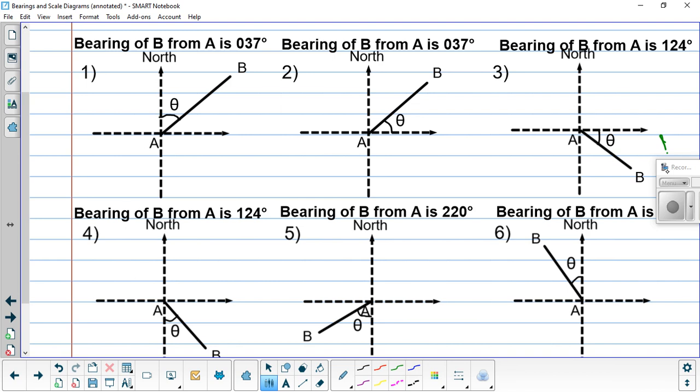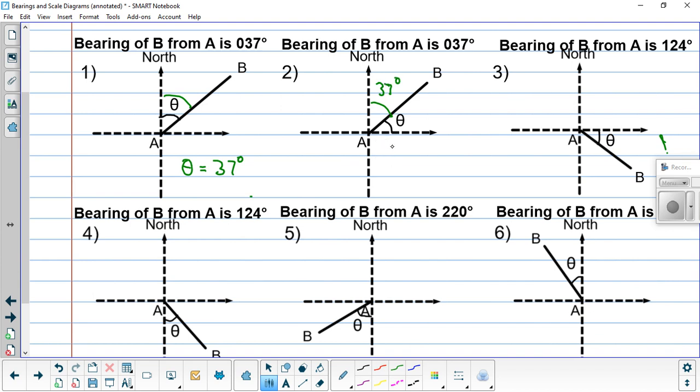All right. So we're going to go through the answers now. So first off, we're given a bearing of here to here is 037. So our theta is simply 37 degrees. All right. Next, this bearing, again, is 37 degrees. But now we have to find the missing angle.